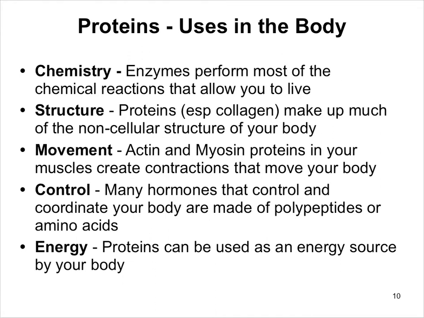You take an amino acid and you tweak it a bit, and you can use that as a signaling agent. Your body does that because it's got a lot of amino acids around already, and if you're going to be making a lot of signaling molecules, you want to make them from something that you already have a lot of. If you have to go out and get a bunch of special components, it's going to be hard to make them quickly.